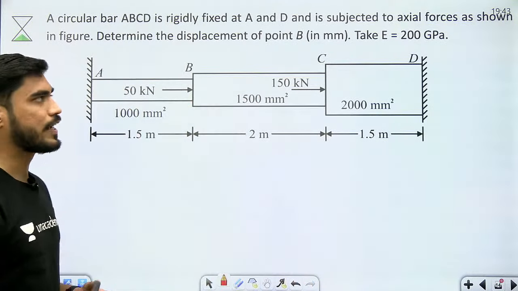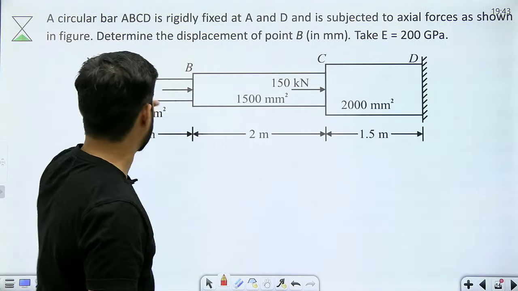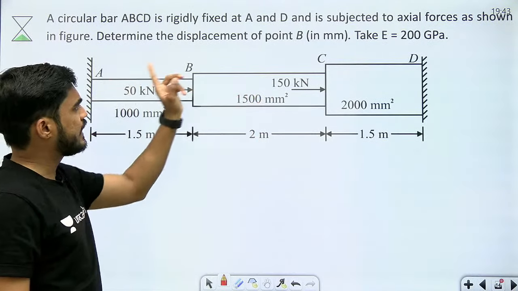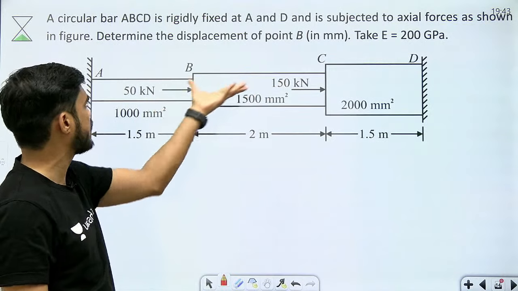So let's understand how we can solve this problem. So we have a circular bar ABCD. Area is given. A and D are fixed, and at B and C we have these loads.